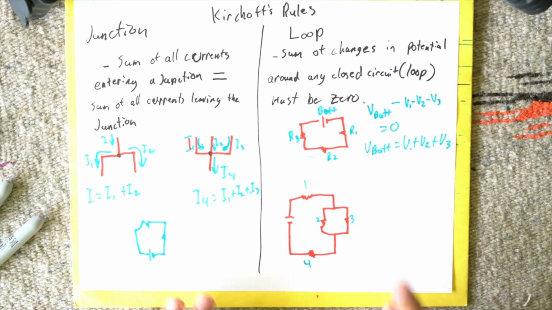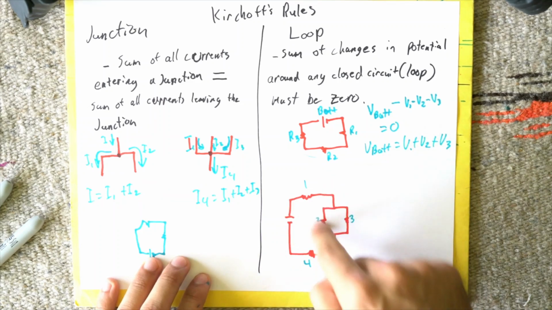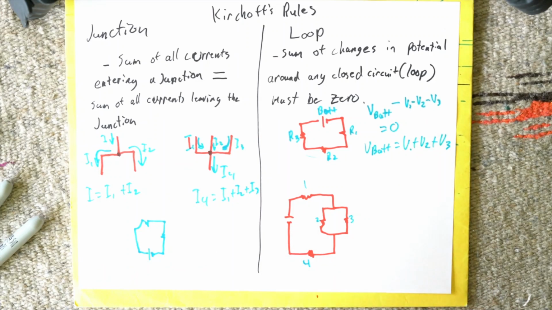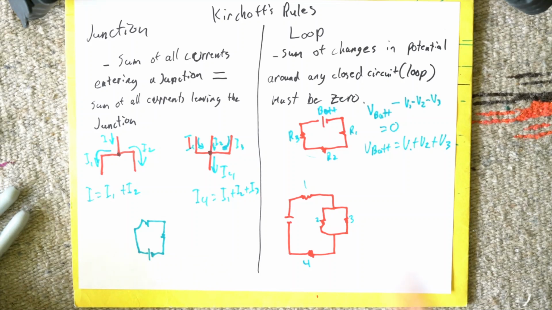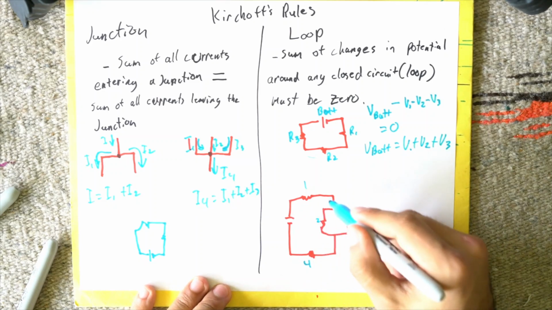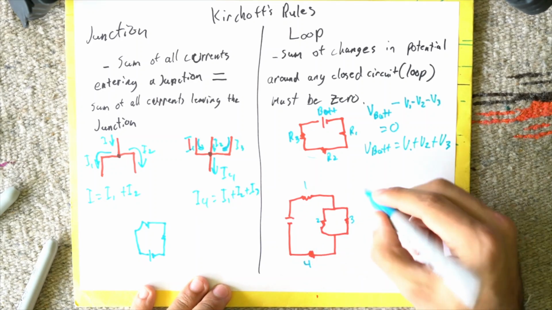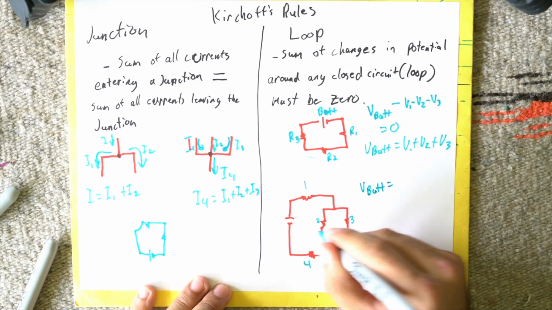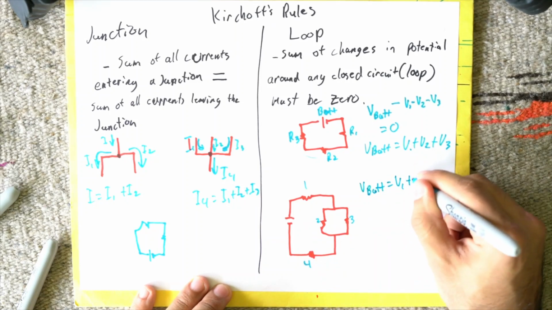And that's important, because let's just say, again, there's two routes. I can go this way or I can go that way. I cannot do them both in the exact same go around. So let me write this out, at least in this direction that we've become accustomed to. Let's just assume I go in this direction first. V battery equals V1 plus V2.